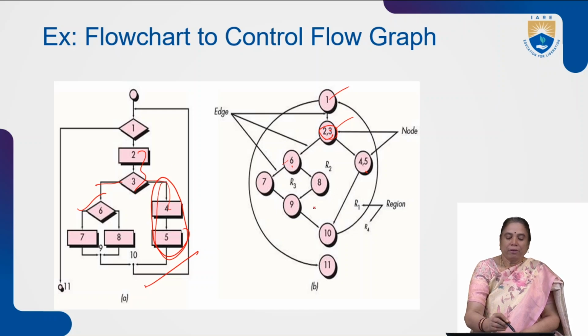Like this, the control flow graph can be constructed from the flow chart. The circular one is generally denoted as a node, the connection between nodes is referred to as an edge, and the enclosed path with nodes and edges is referred to as a region.